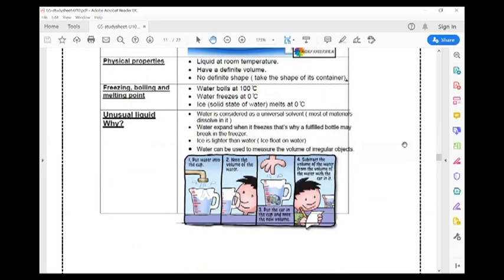Freezing point, boiling point and melting point. Water boils when its temperature reaches 100 degrees Celsius. Boils means the water changes from liquid state into gaseous state. Water freezes at 0 degrees Celsius, changing into solid.